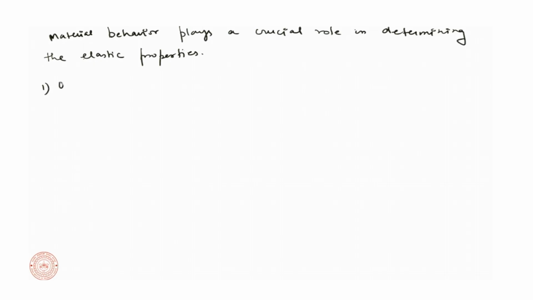There are a lot of materials based upon their crystal lattice and structure. We are taking a couple of examples. So for example, an orthotropic material. These have 3 mutually perpendicular planes in their crystal lattice.